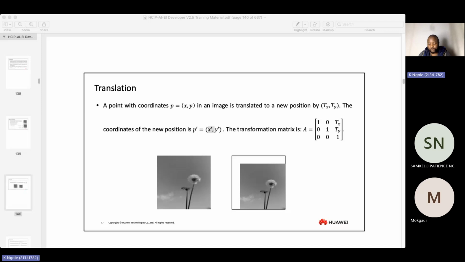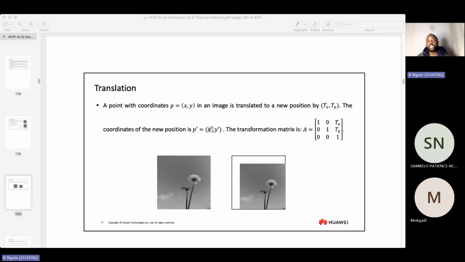All right, so the mathematical representation of that: the new x will be the previous x plus the translation distance in x. And the new y would be y plus the translation distance on the y-axis.